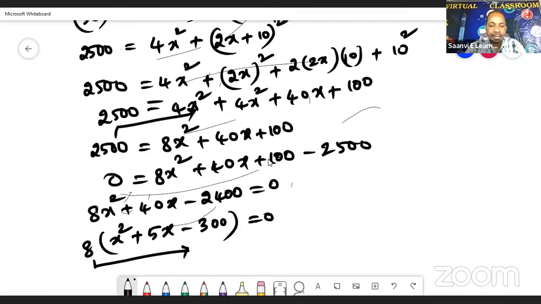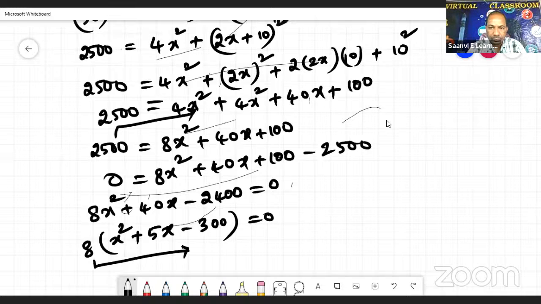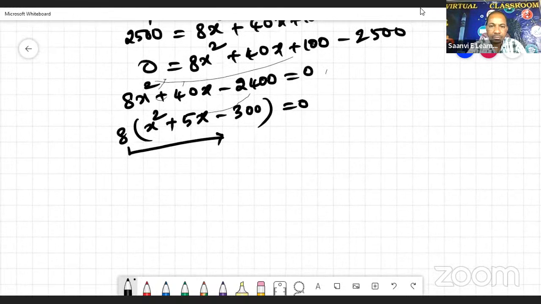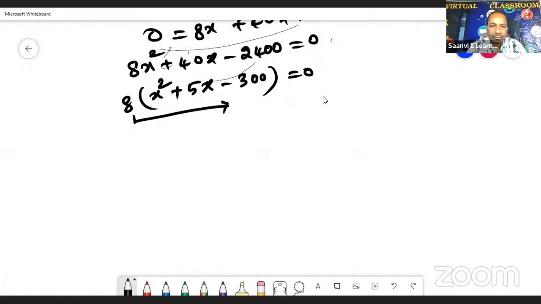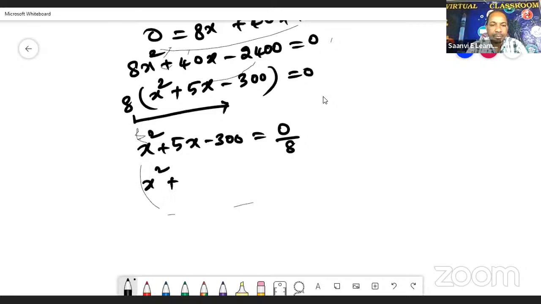This 8 we send to this side, so x squared plus 5x minus 300 is equal to 0 by 8, which is nothing but 0.